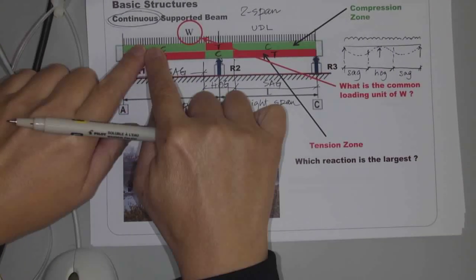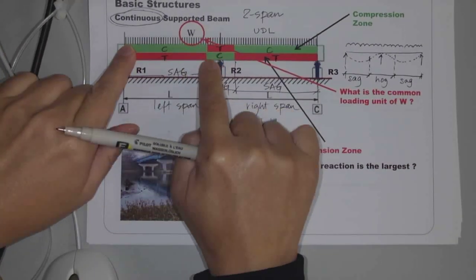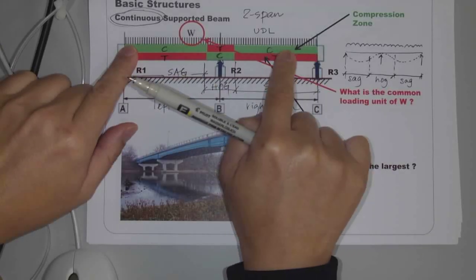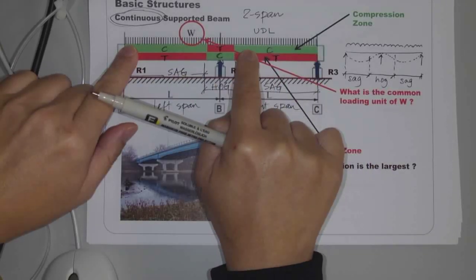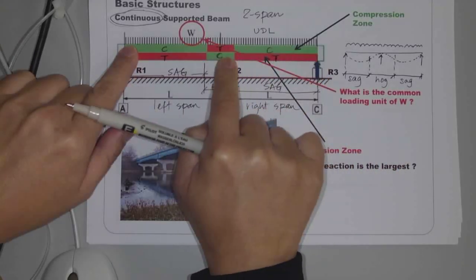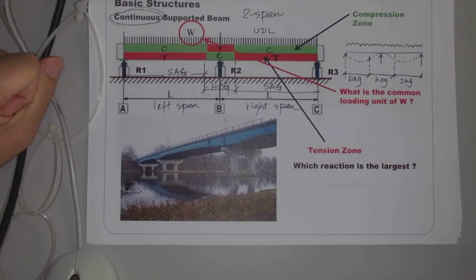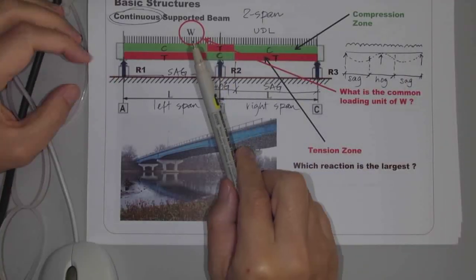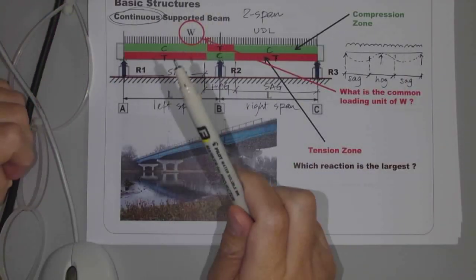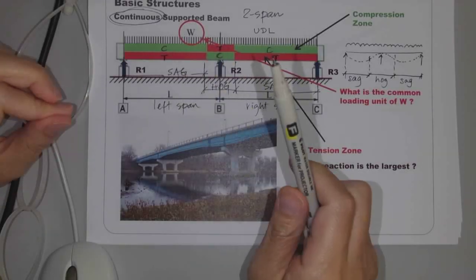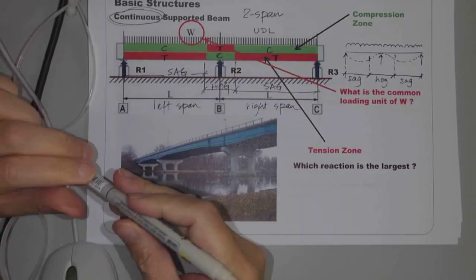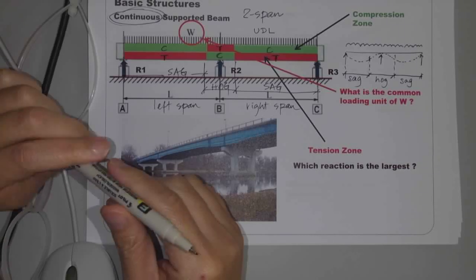And for the remaining parts, you should also put reinforcement for thermal and shrinkage control. Right? So this is how you can identify which parts of the reinforcement are main reinforcement, and which parts are not main reinforcement.